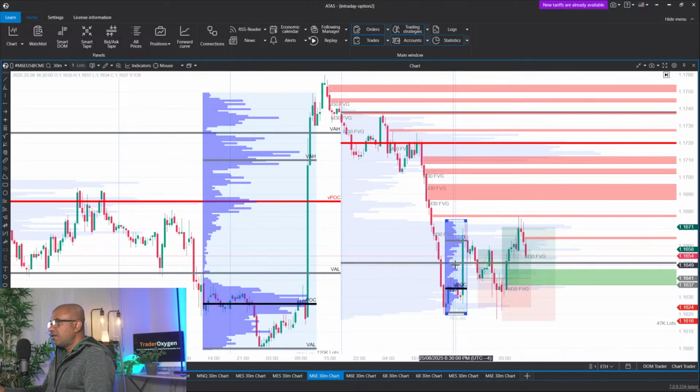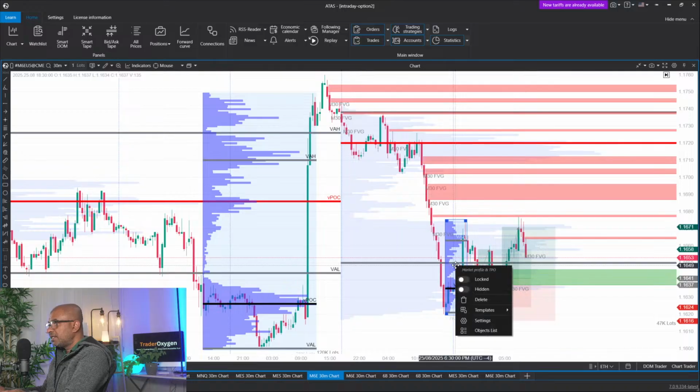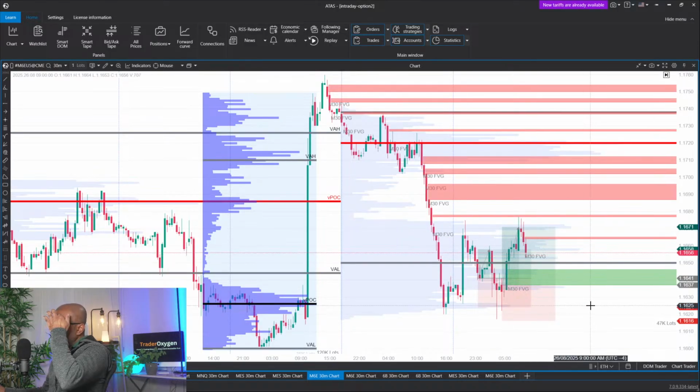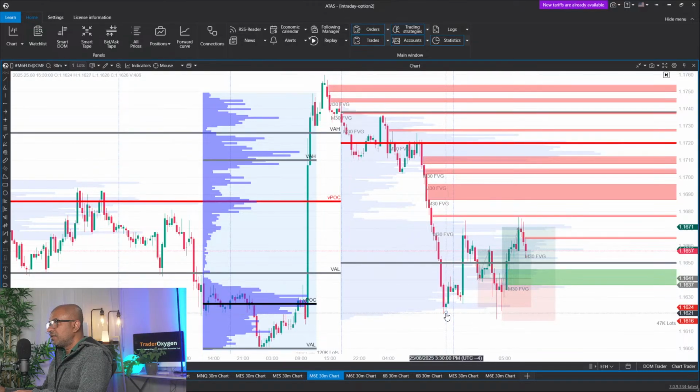For that strong push up, let me hide this so that I can explain it to you. When we see a sharp displacement upwards, what we did was draw the fixed range volume profile again, over this price swing, where you can see a swing up, retracement, swing up.